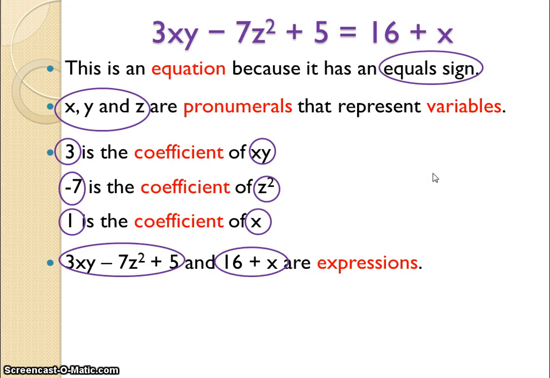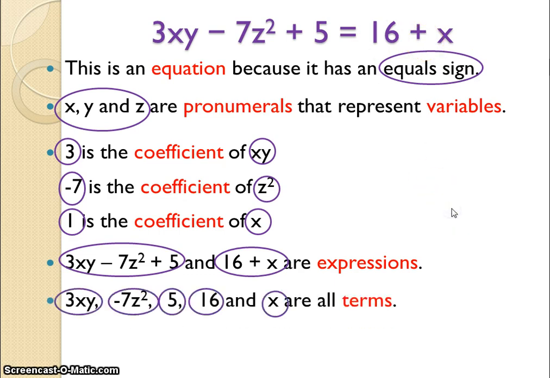So there are two expressions. Okay, so the expressions are either side of the equal sign. And we have 5 terms in this equation: 3xy, minus 7z squared, 5, 16 and x.